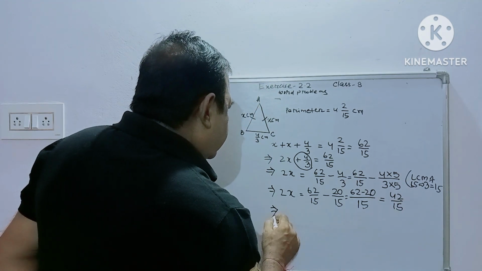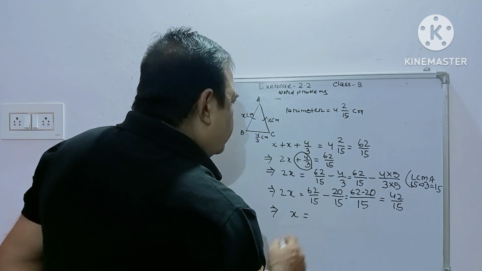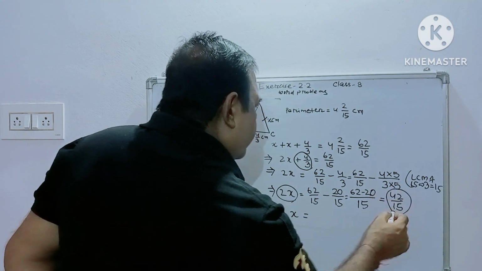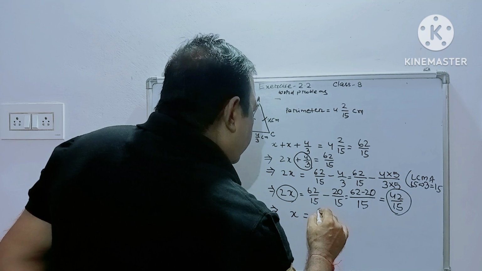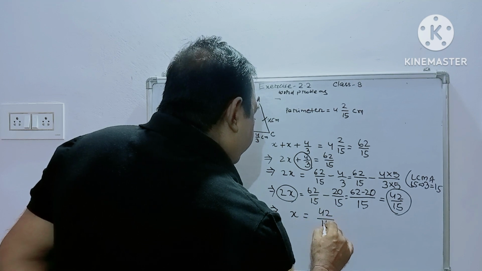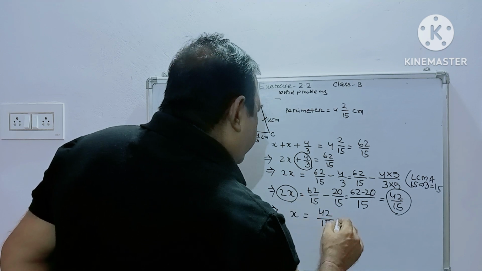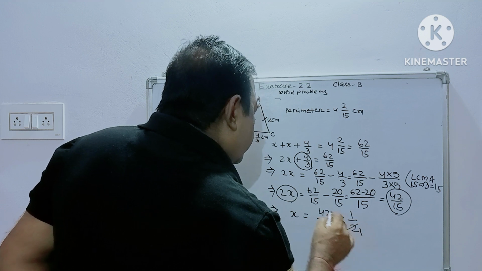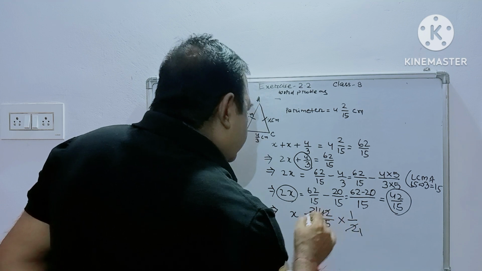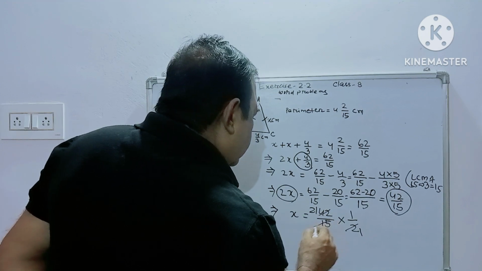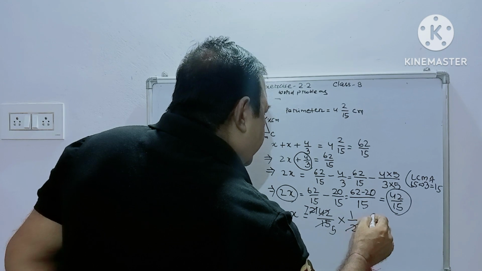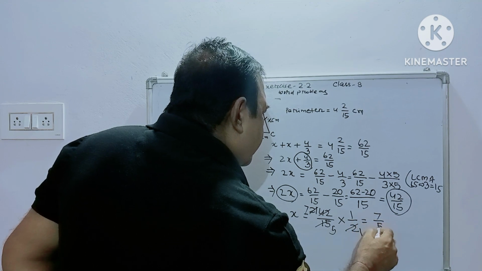That implies x is equal to, here we compare between 2x and 42 upon 15. So x is equal to 42 upon 15 divided by 2, that means into 1 upon 2. 2 1s are 2, so 21 2s are 42. 3 5s are 15. 3 7s are 21. So what is the value of x? 7 upon 5.